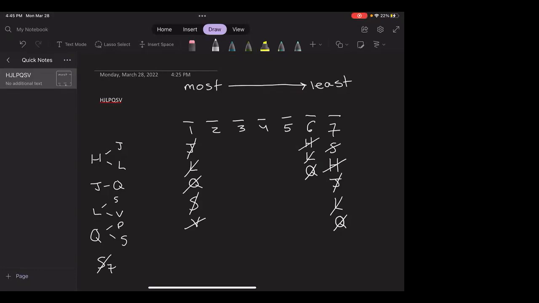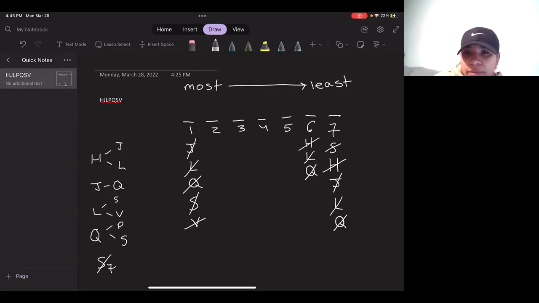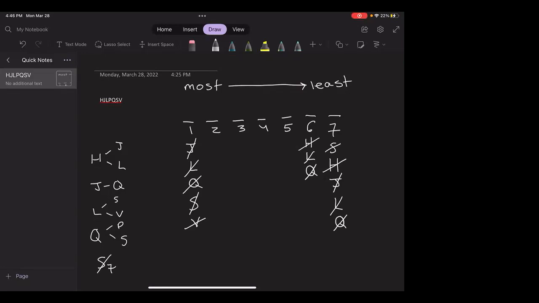Which is really nice to keep track of because it makes your setup for future game boards and answering questions a lot easier to make that deduction, right? These are inferences. And so if I were to see an answer choice that had Q in 6, I already know that's wrong because my not laws, or where it can't go on my main board, tells me it can't be there. Okay. Anything to make your life easier, especially with dealing with all these game players, it's really gonna help.